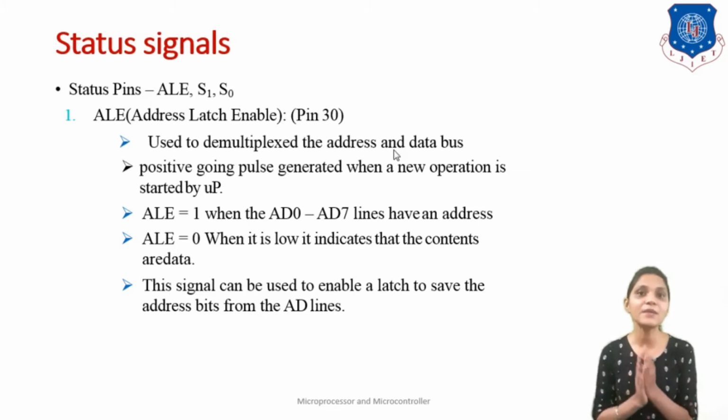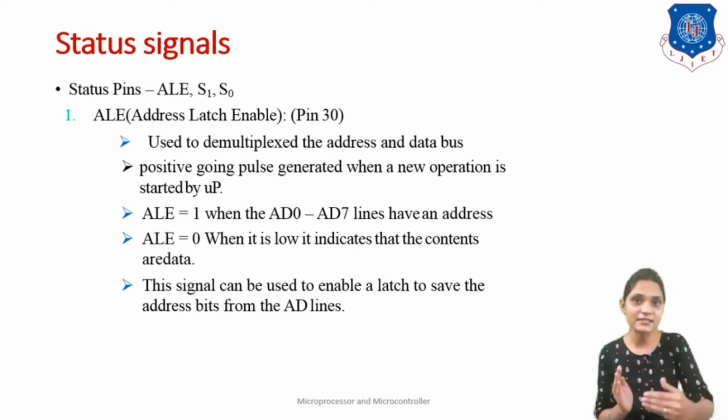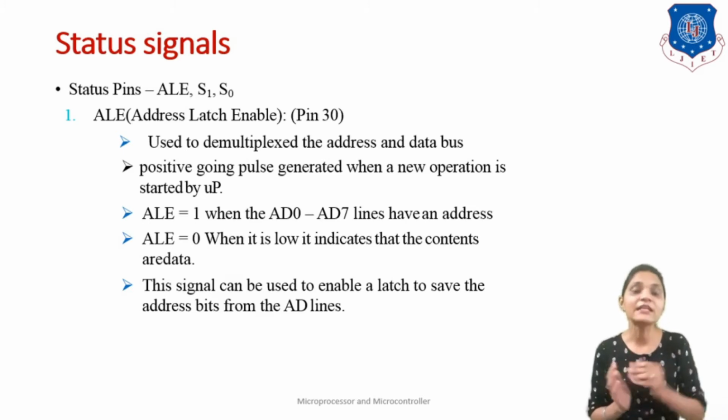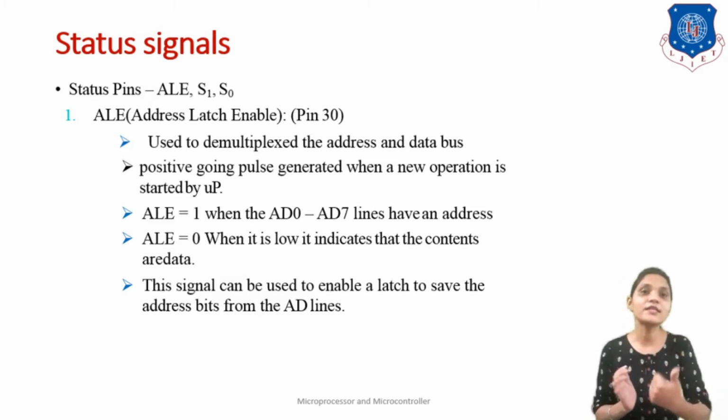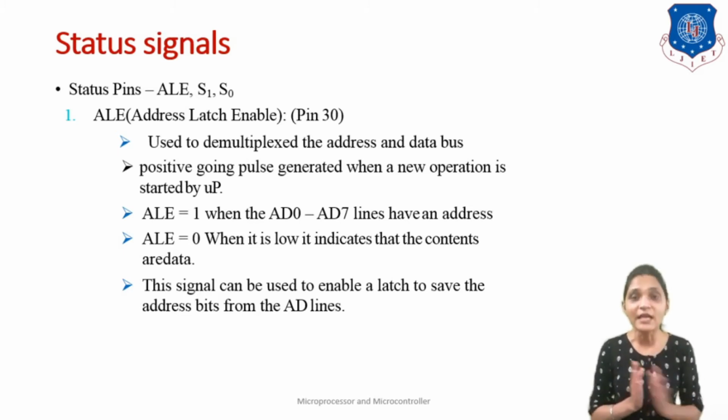Because AD0 to AD7 can contain the address as well as the data, whenever the ALE pin is 1, it indicates that AD0 to AD7 contains the address. And when the ALE pin is 0, it indicates that AD0 to AD7 contains the data.